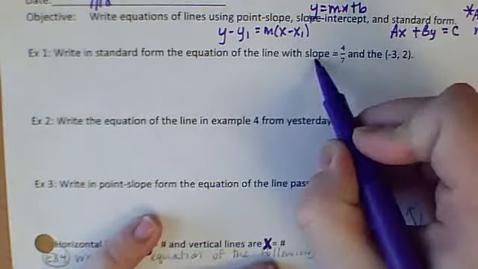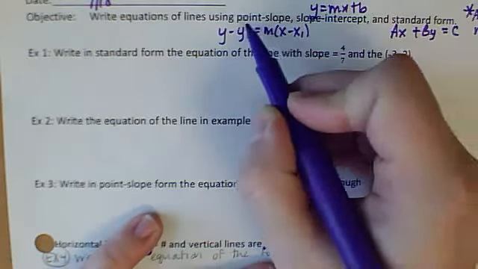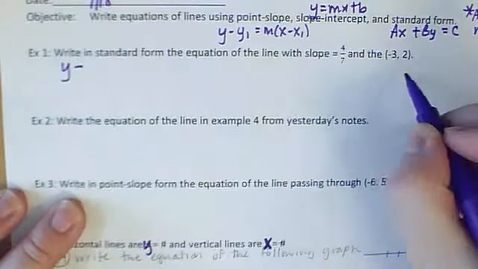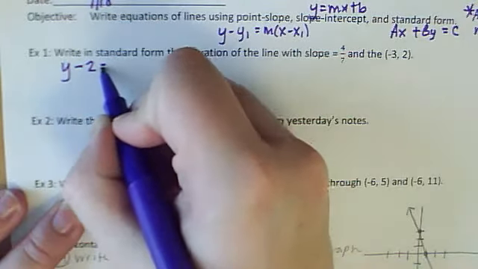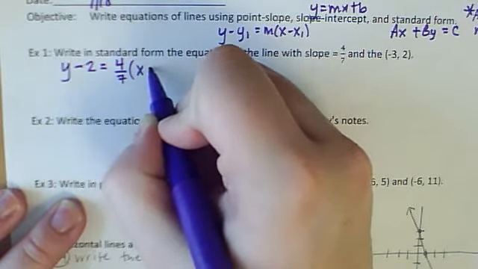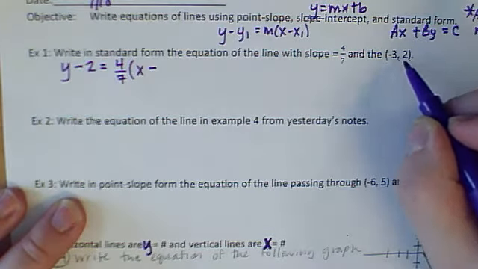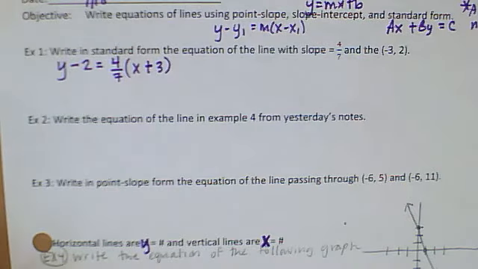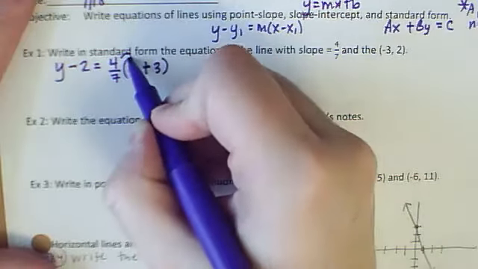I'm given a slope and a point, so I'm going to use point-slope form to start off with. So y minus my y1, which is 2, equals your slope, 4/7, times x minus -3, so that would be plus 3.